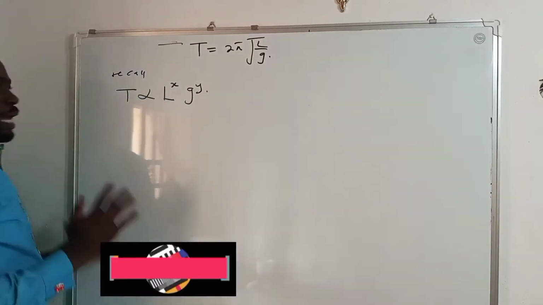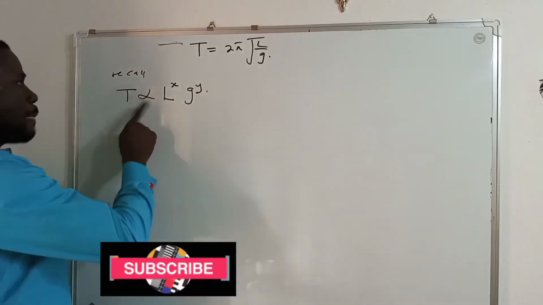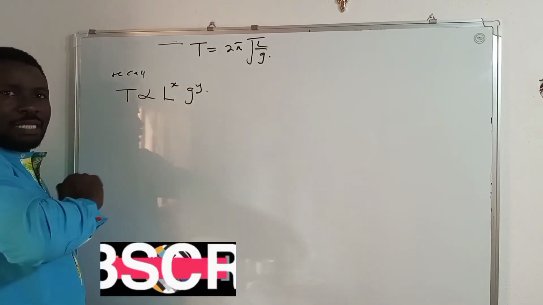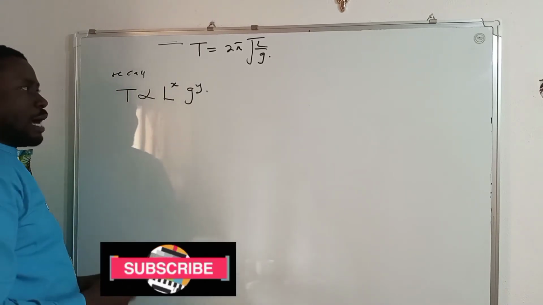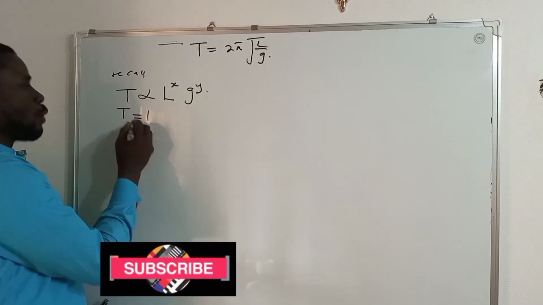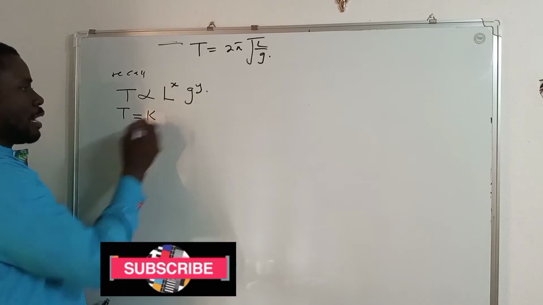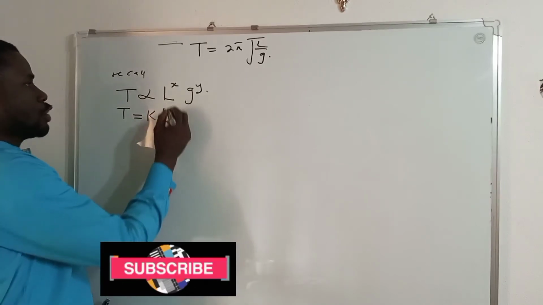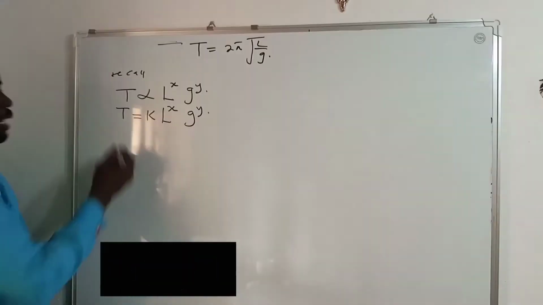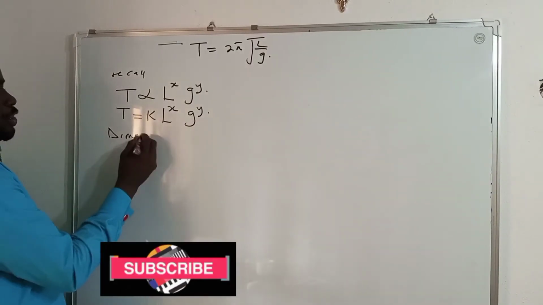So what we need to do at this point is to remember that in mathematics or in science, anytime we have the sign of proportionality, we have to remove it, and while removing it, we introduce an equality sign and then a constant. So T equals k, L raised to power x and g raised to power y. Now, we would say dimensionally.